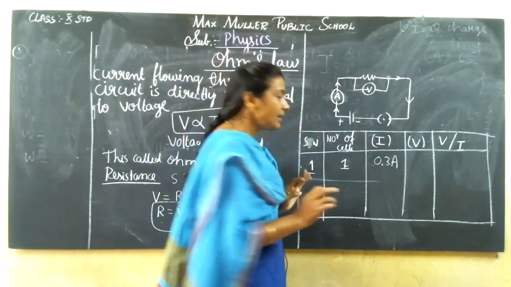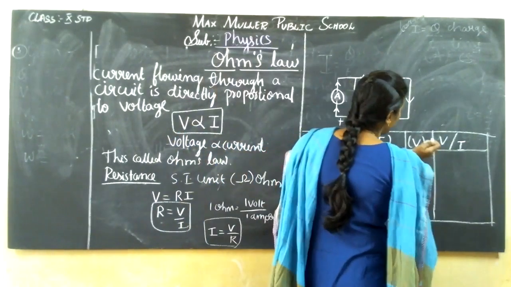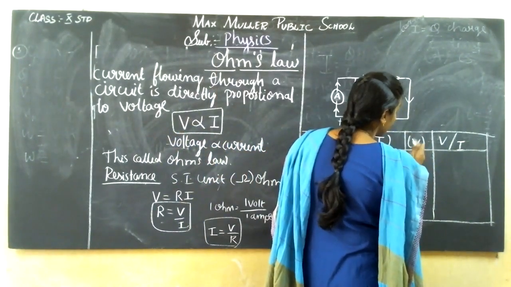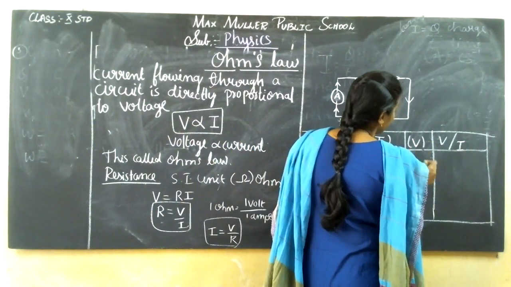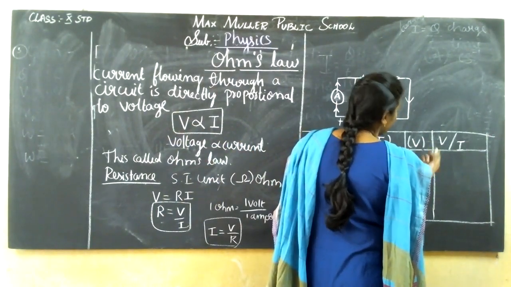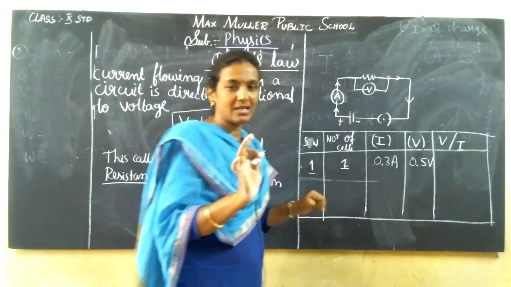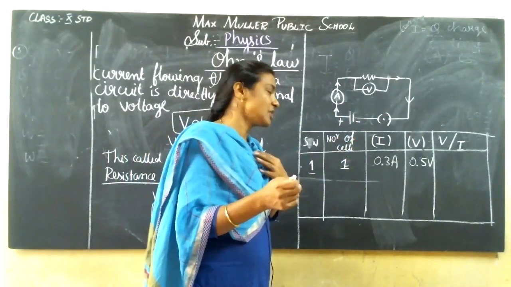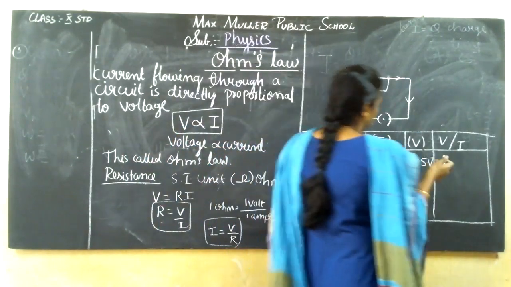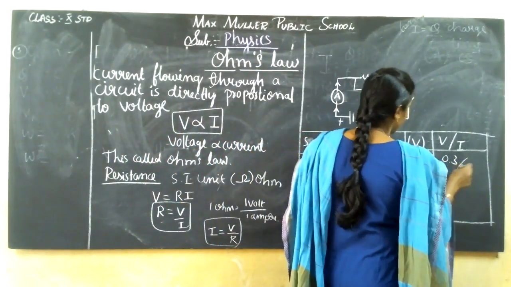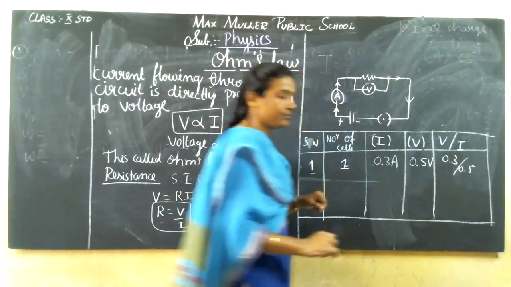And here you can check the voltmeter for the voltage. It will be something like 5 volt. I'm just giving you an approximate value, guys. Don't think that you will only get this much. So 5 volt like this. There is no need to find this one; I'm just writing it here.